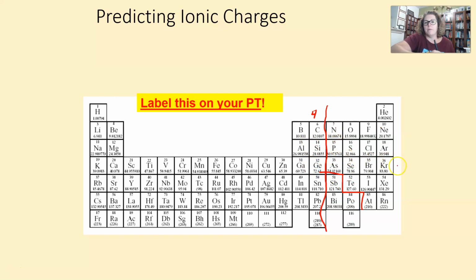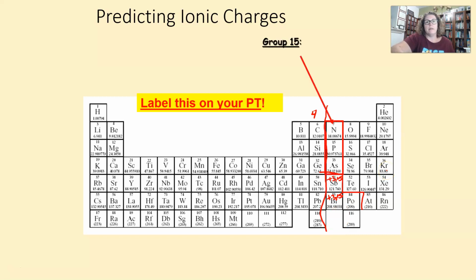So everybody above here will gain, but you do have some of them down here that will still lose. Like antimony is +3 or 5 most of the time. Same thing with bismuth, +3 and +5. We will hardly talk anything about polonium until we get to like the nuclear chapter, so I'm not going to worry about polonium.